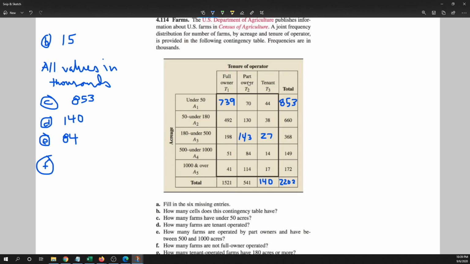So that would be either part owner or tenant, right? And we know that there are 541,000 farms operated by part owners and 140,000, right, operated by tenants. So we would add those two together, and that would give us 681,000 on that.